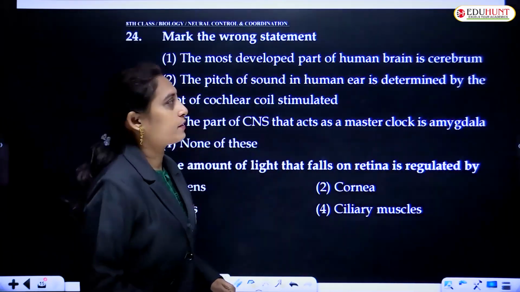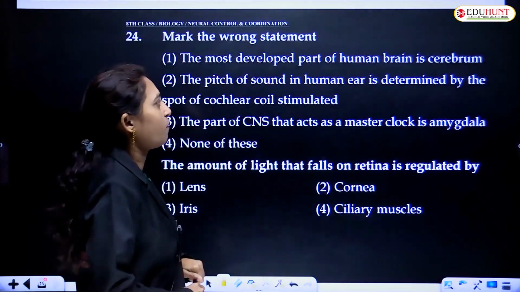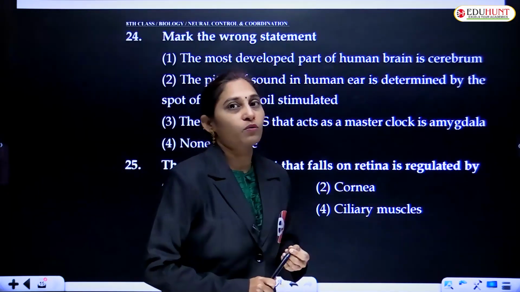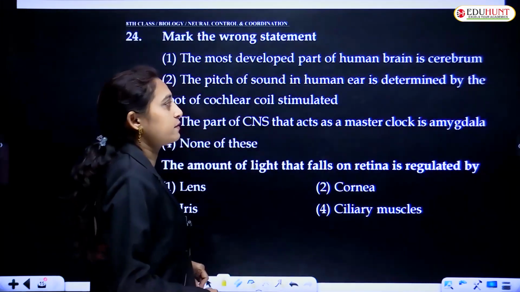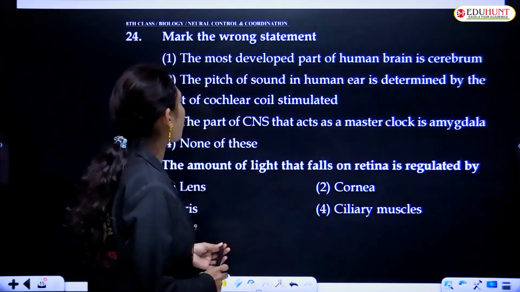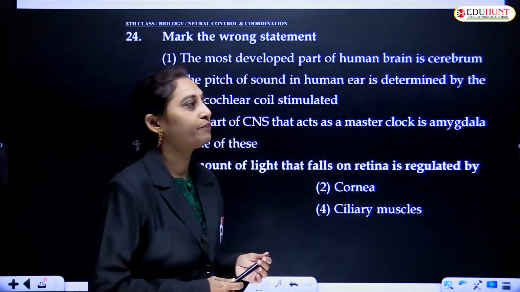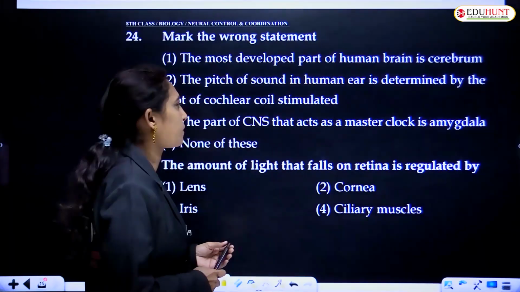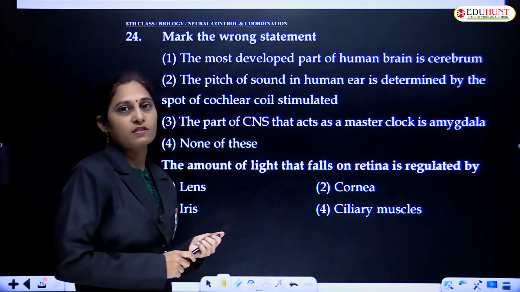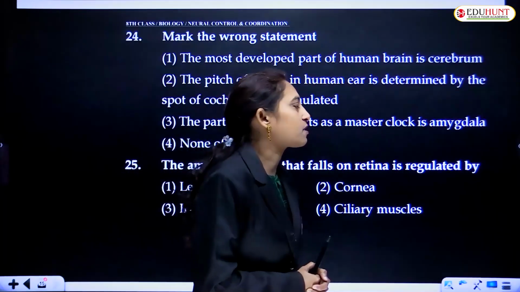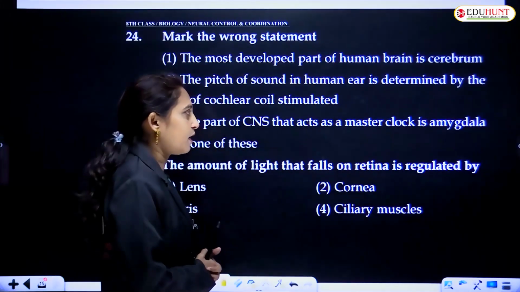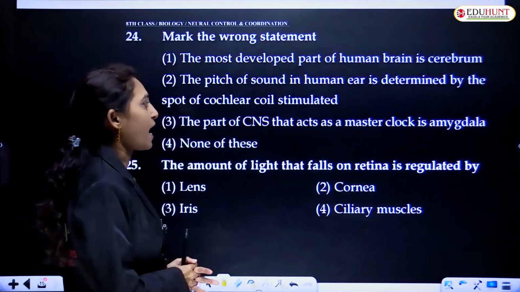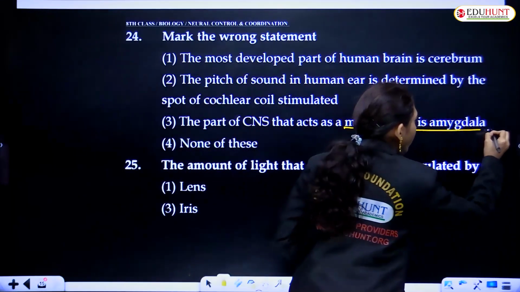Mark the wrong statement. The most developed part of the human brain is the cerebrum. The pitch of sound in the human ear is determined by the spot of the cochlear coil stimulated, that is, the number of vibrations it receives. The part of the central nervous system that acts as a master clock is not the amygdala.